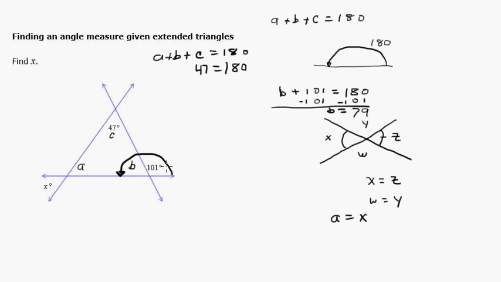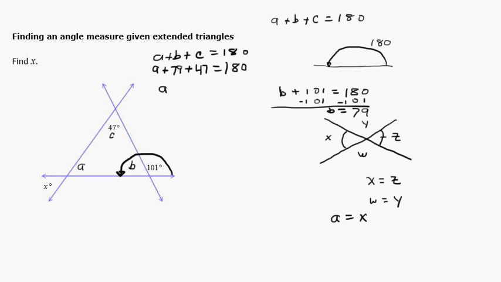Obviously, I'd prefer that you could do this without the calculator, but at the same time, the idea is to be able to do this logical reasoning. So now we know that B is 79, right? So A plus 79 plus 47 is 180.